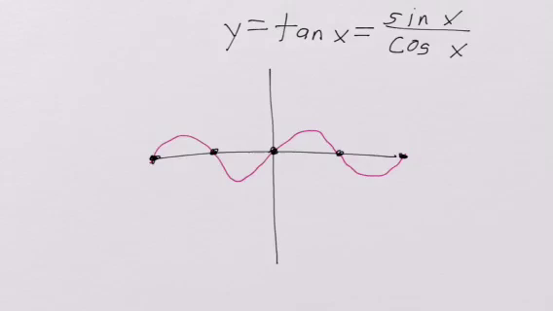Now the cosine, so I did sine in pink, I'm going to do cosine in green. So the cosine function looks something like this.